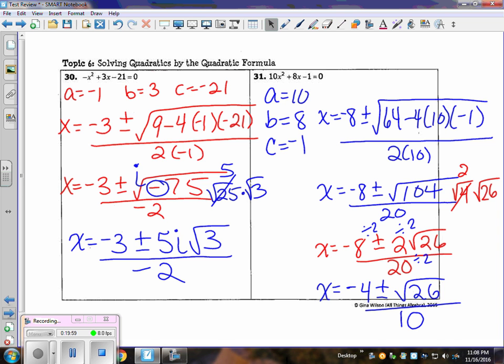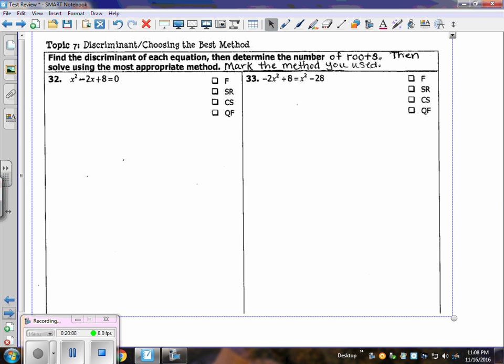So we've seen imaginary numbers, we've seen irrational ones that are real ugly, and then we've seen some answers that have come out nice. All right, so the next part, discriminant. Honors class, we talked about the discriminant. That's the part that's under the square root. That's the b squared minus 4ac.